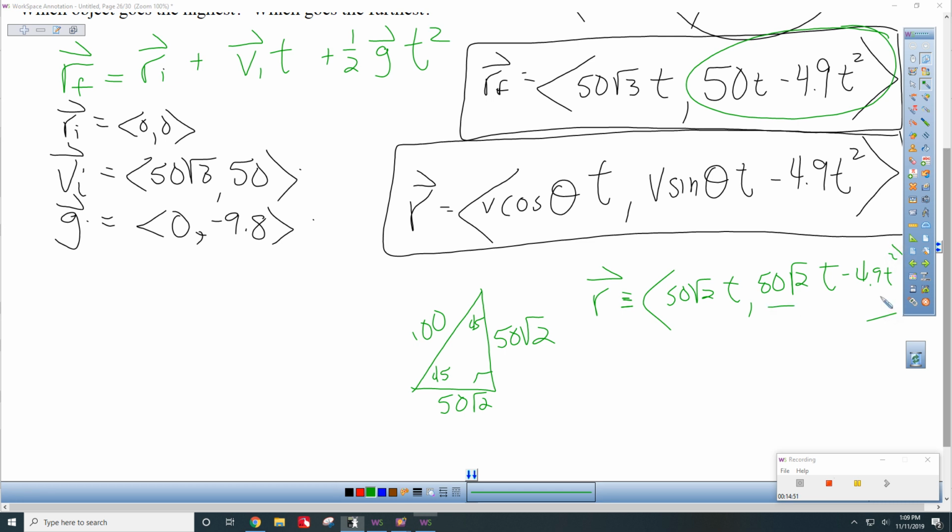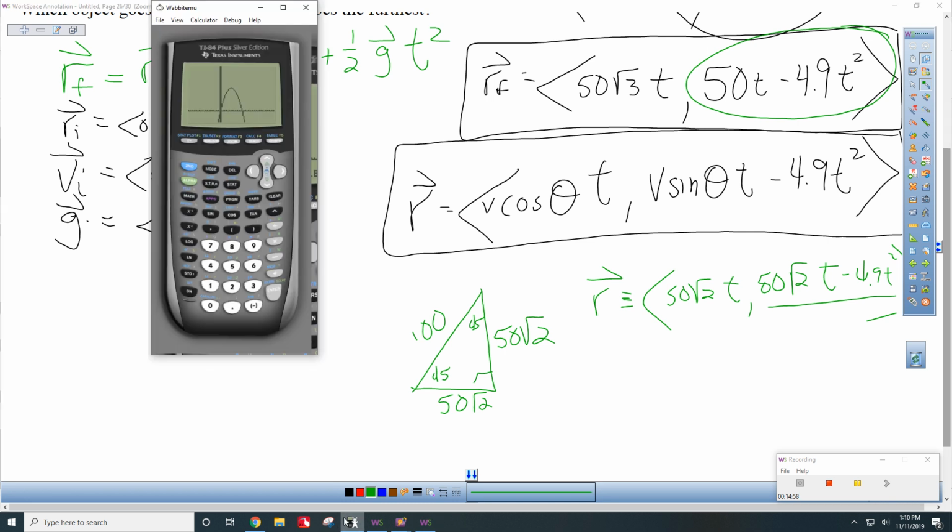Alright, so now let's put that into our graphing calculator. The y value, so y equals 50 radical 2 times x minus 4.9 x squared. Let's graph that one. I see. So if we increase the angle, it's going to go higher and further.